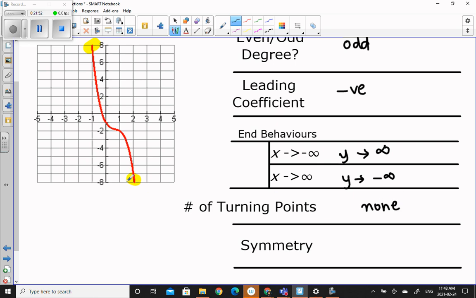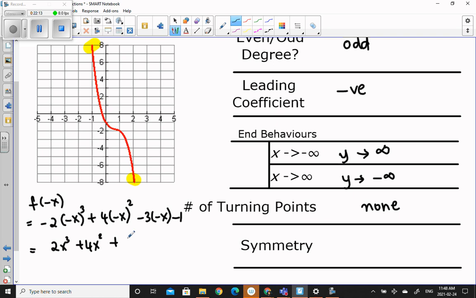And the symmetry, well, you have to check f of minus x and what that works out to. So it's minus 2 of negative x cubed plus 4 times minus x squared minus 3 times minus x minus 1. That works out to 2x cubed plus 4x squared plus 3x minus 1. Even if you try to factor out the negative, you would get minus 2x cubed minus 4x squared minus 3x plus 1.